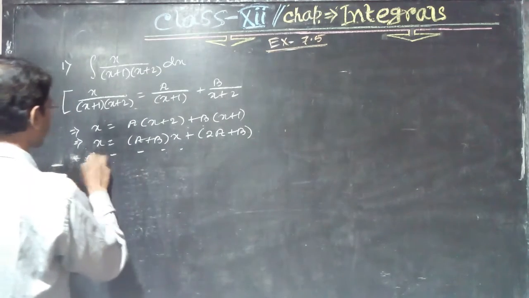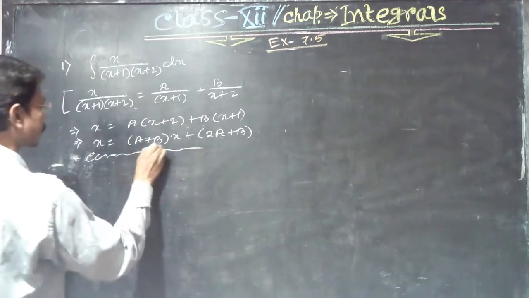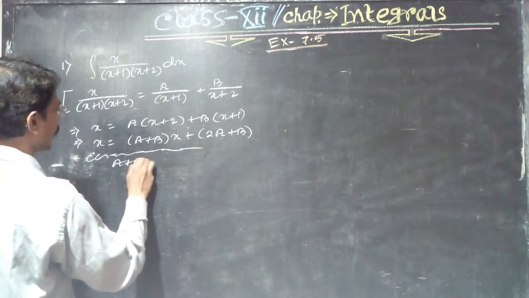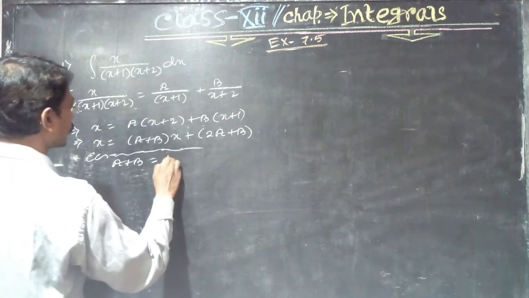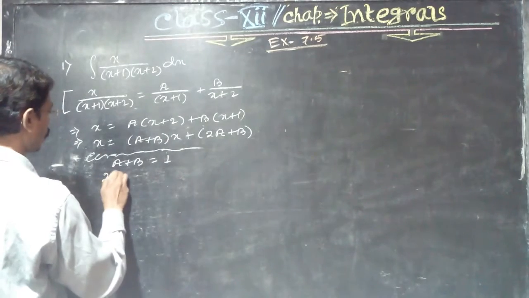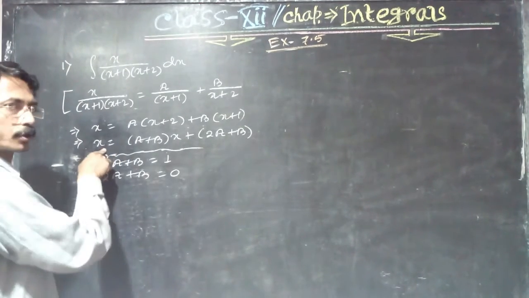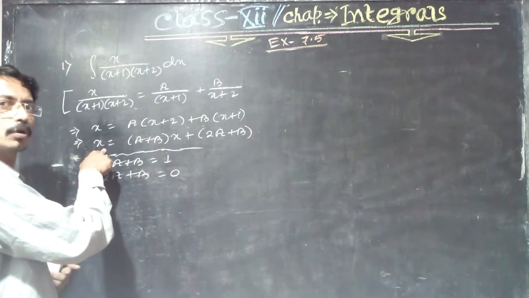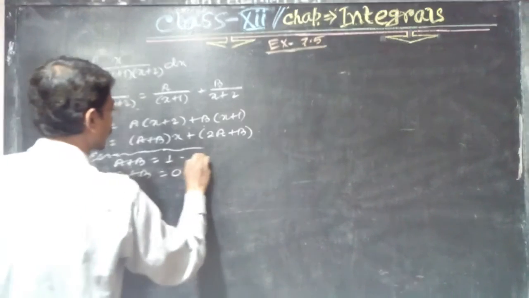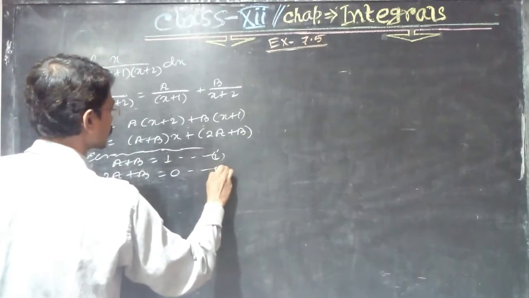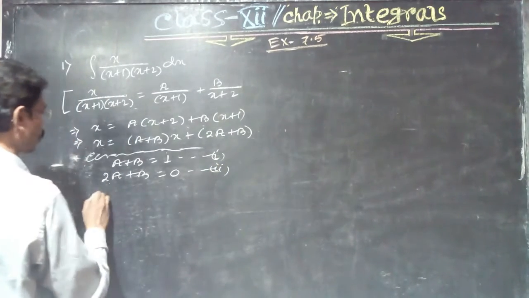Comparing both sides, what you get? Now a plus b equal to 1 and 2a plus b equal to 0. It is constant term and here constant term is not present, so therefore constant term equal to 0. You can write this is equation number 1 and this is equation number 2.